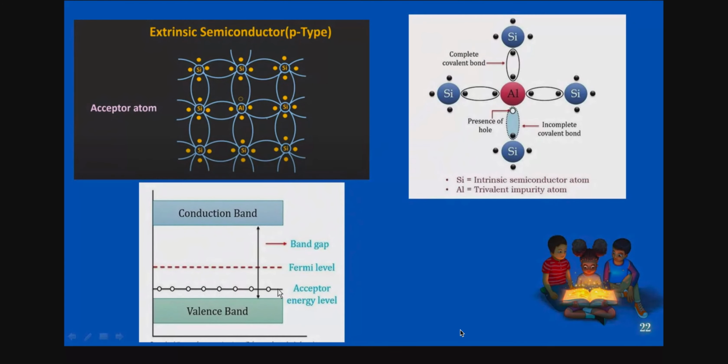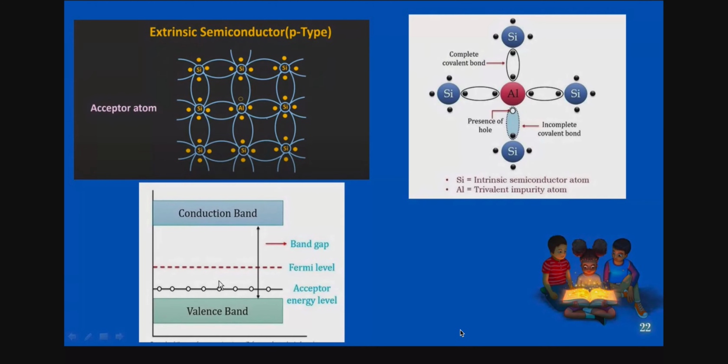Suppose you apply some external energy, either thermal or doping, so that T is greater than 0 Kelvin. Then they gain energy and jump from the acceptor level to the conduction band, not directly from the valence band to the conduction band. Let me repeat: if you apply any external field, the holes present in the acceptor level first jump to the conduction band.